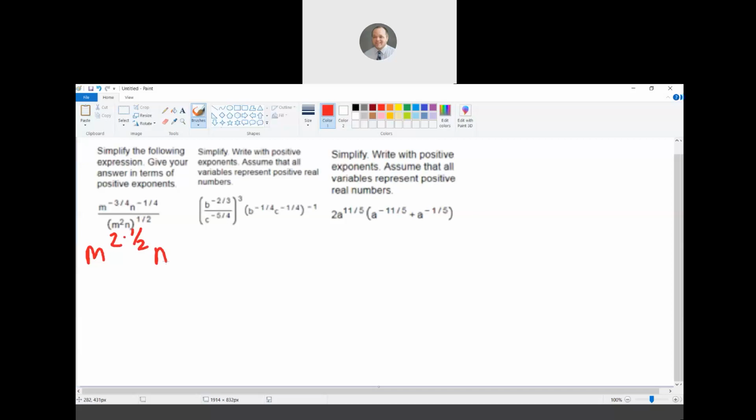And the n down there is understood to be to the first power, so that's just 1/2 times 1. Now, going back to the m, the 2's cancel out. So we have just plain m to the first power and n to the 1/2 power.